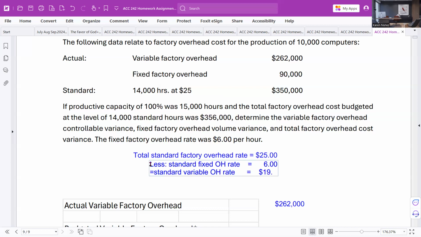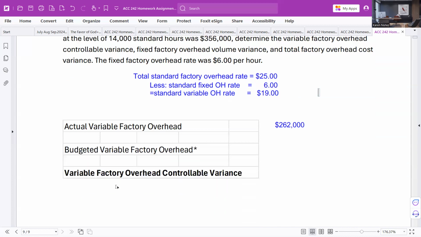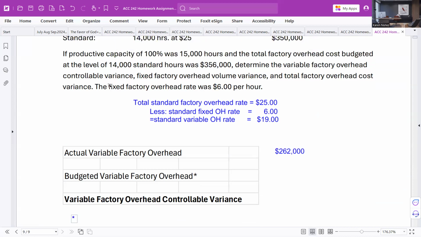So we got to do just a little bit of manipulation to figure out what the variable overhead rate is, but that's okay. It's really not that difficult. Again, whatever the total rate is, subtract the fixed rate, and we've got the standard rate. That's all I've done, right? The total rate is given, $25. The fixed rate is $6, so 25 minus 6 gives us the standard variable rate of 19. And if we want to calculate that overhead, the overhead is going to be the standard hours, 14,000.